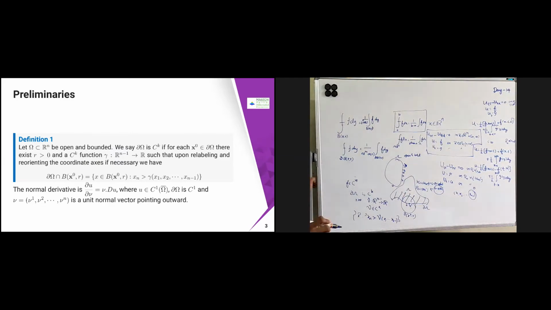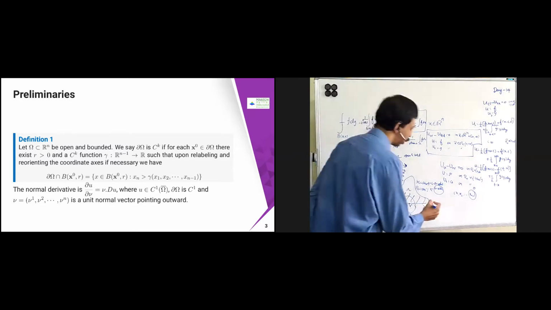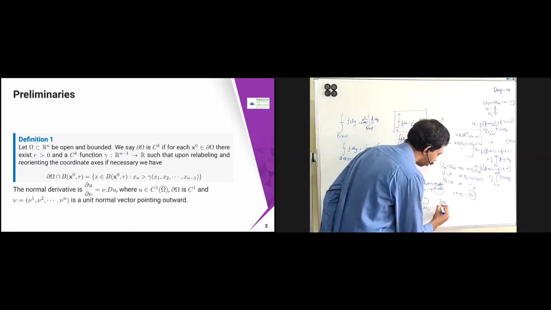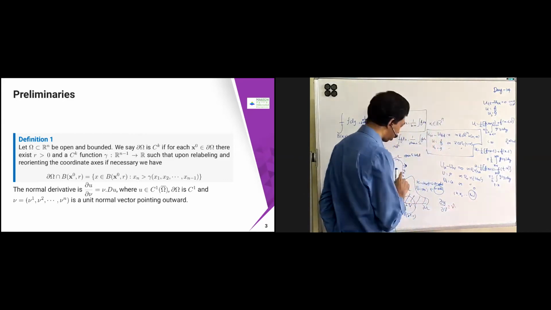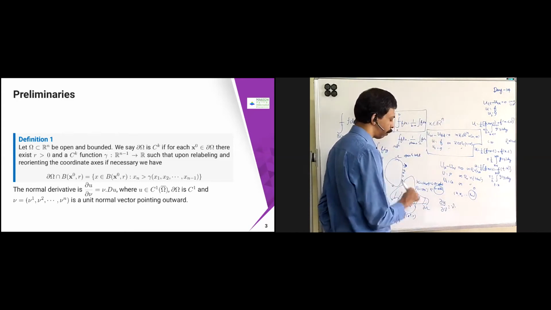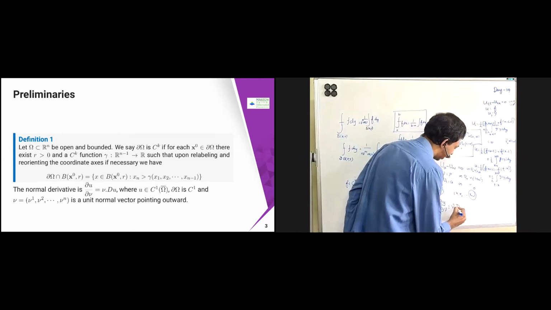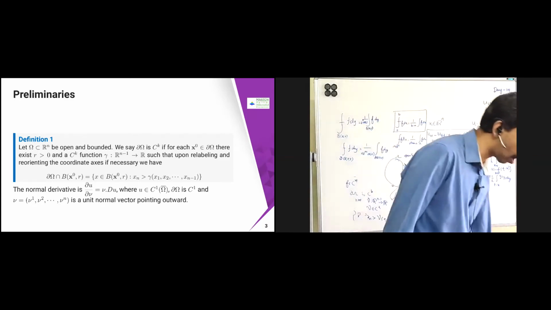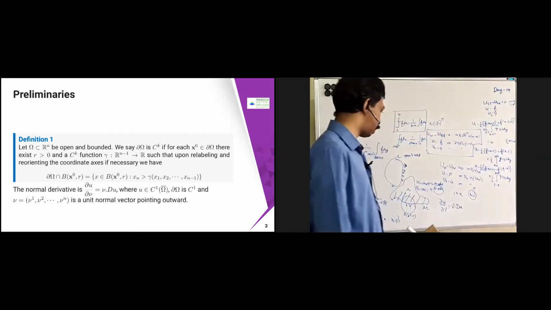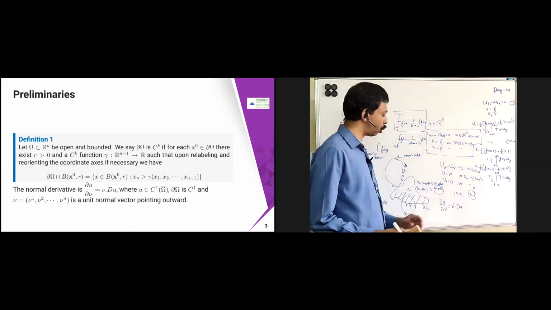We denote it ∂u/∂ν, which is nothing but Du · ν, where ν is the outward-facing normal vector and we take the derivative in that direction. This is the normal derivative in any n dimension.